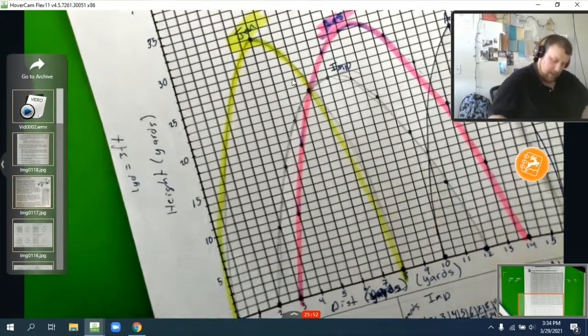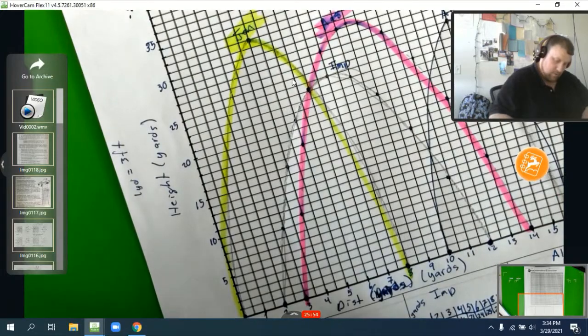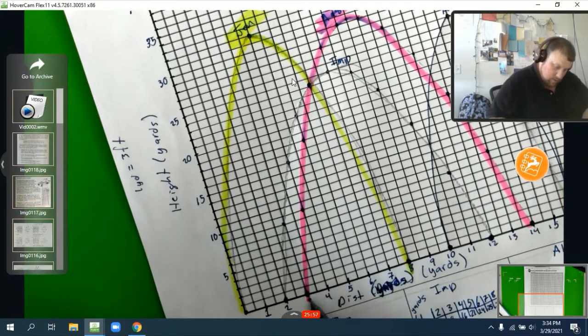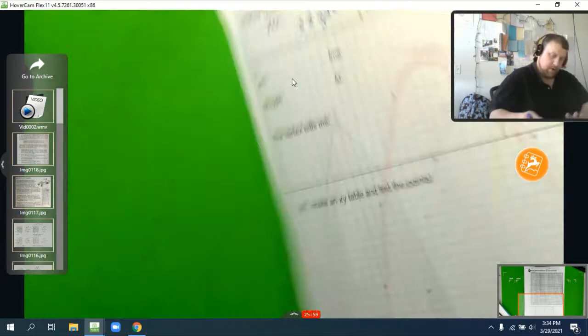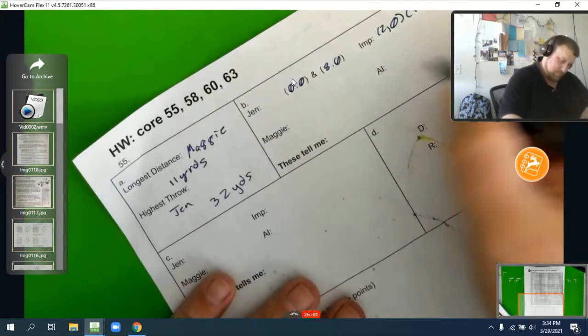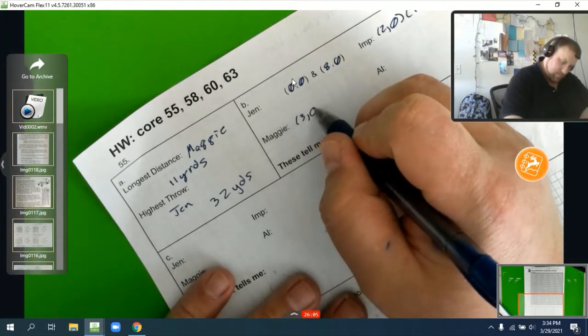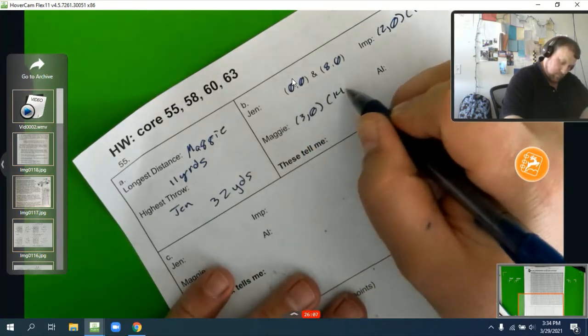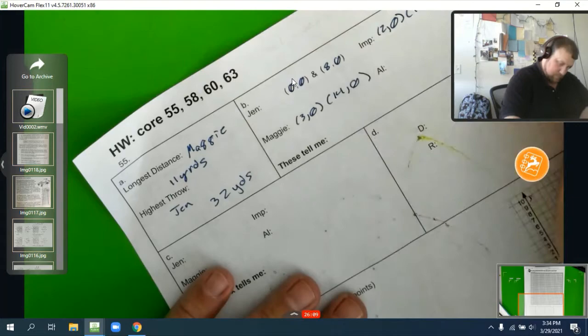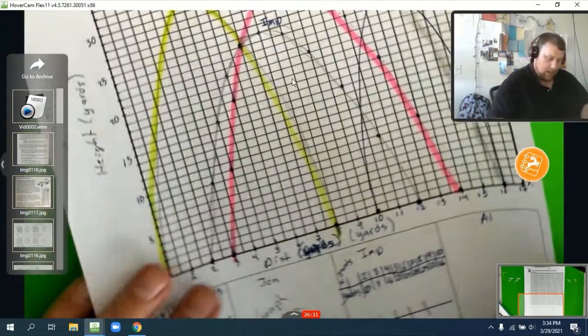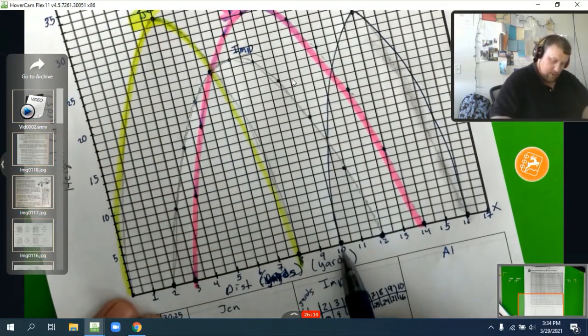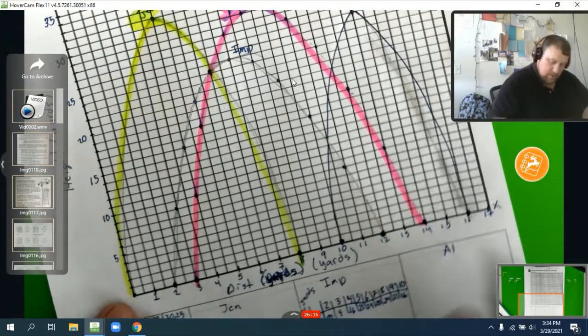And Maggie's went from (3, 0) to (14, 0). And then Al's went from (10, 0) to (16, 0).